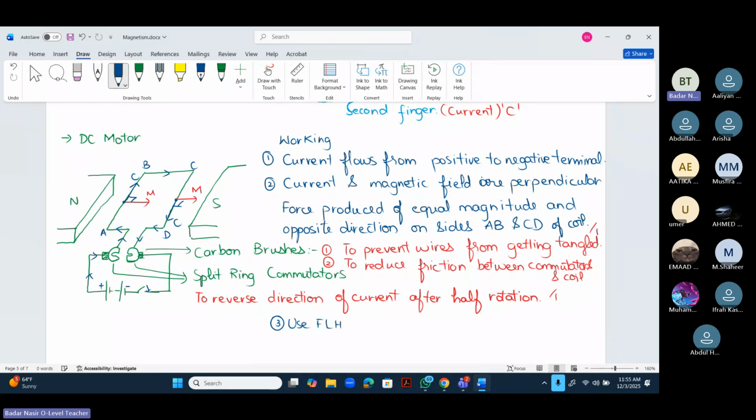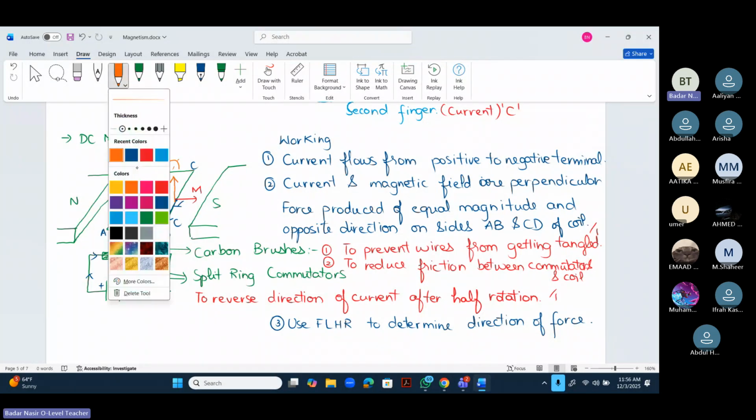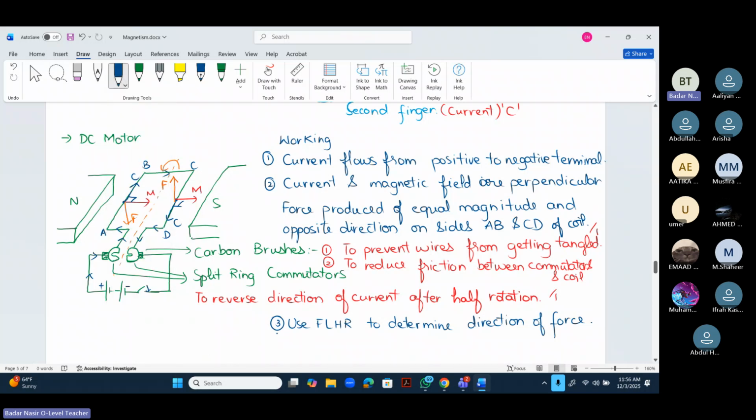Use Fleming's left hand rule to determine direction of force. अच्छा, अब अगर मैं honestly if we just use the Fleming's left hand rule, so the force on the right side of the coil is upwards and on the other side is downwards. तो मैंने यही बात की ना कि फोर्स AB और CD साइड पर प्रोड्यूस होगी, ये फोर्स इक्वल होगी मगर opposite direction में होगी. तो इन दो फोर्सेस की वजह से क्या होगा बेटा कि the coil रोटेट्स.